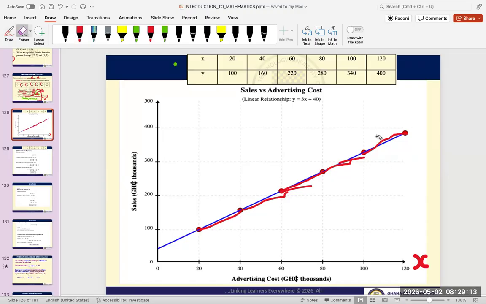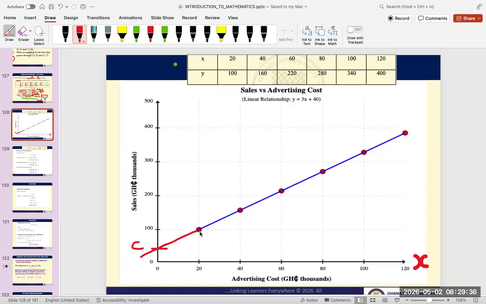So when you join them, you will have a straight line like you are seeing. At the end of the final point, you use your ruler to extend this point to come and hit the y-axis like this. So this will be your C.